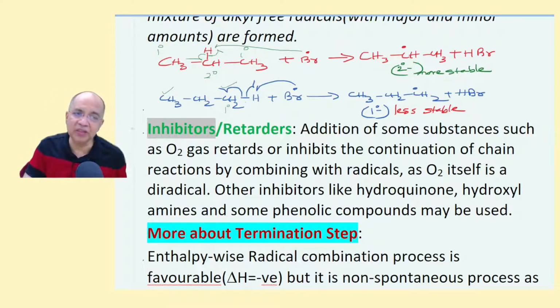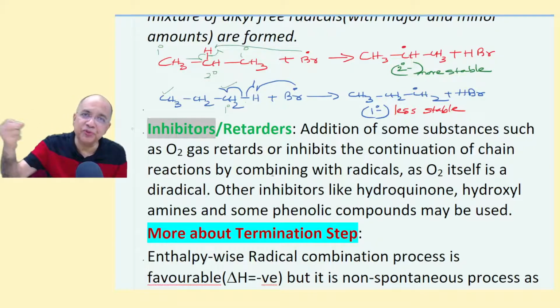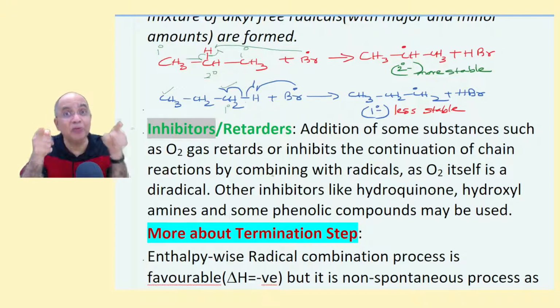Addition of some substances like even oxygen gas retards or inhibits the continuation of the chain reaction. Why? By combining with the radicals, the alkyl radicals, which are produced again and again, and the bromine radicals. They are captured by oxygen because oxygen itself is a diradical.